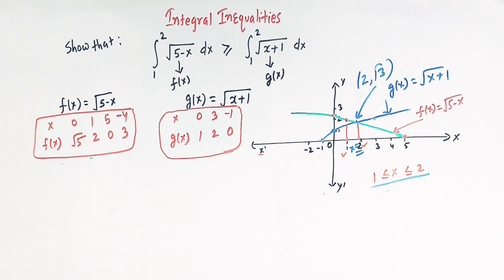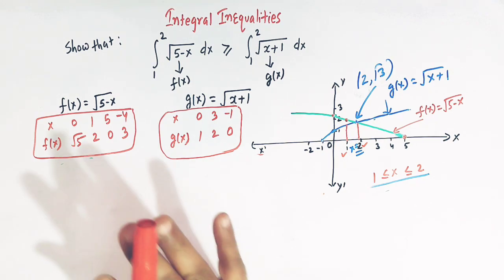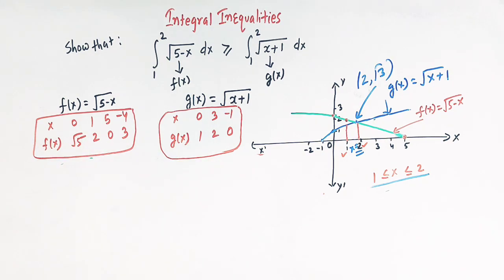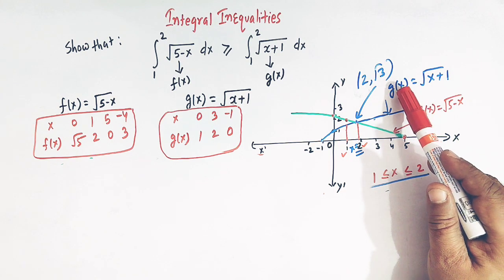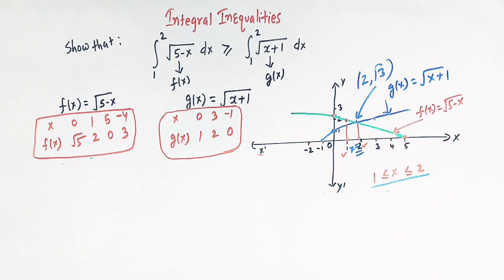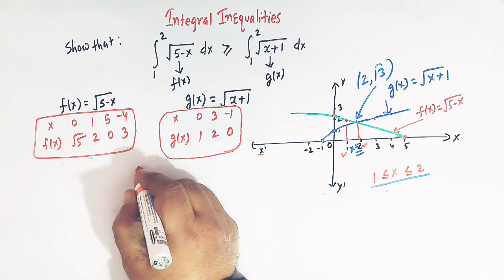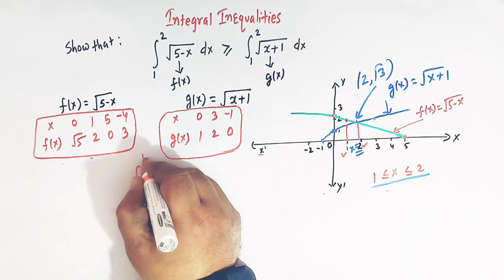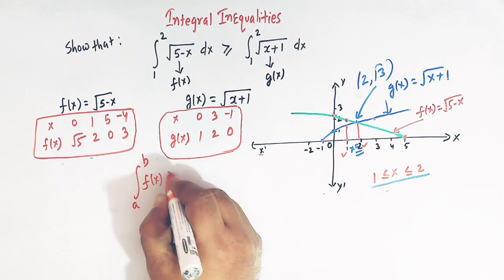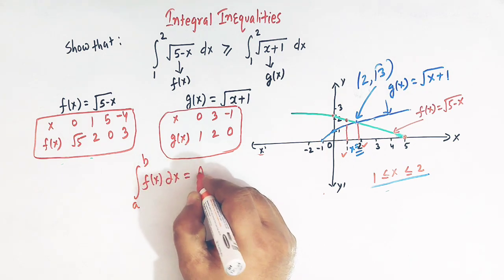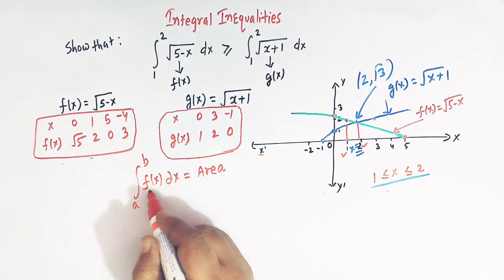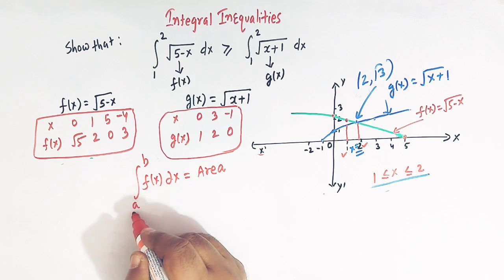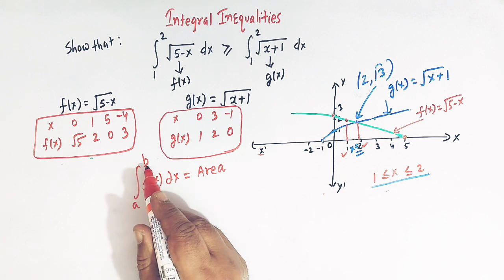So viewers, we can also prove this inequality geometrically by considering the graph of f of x and g of x, right? Now see, we know that the integral a to b f of x dx always represents the area bounded by f of x between these two limits, right?